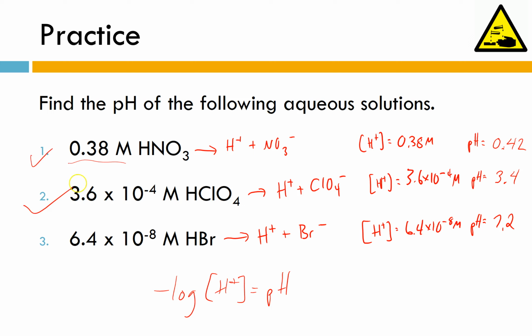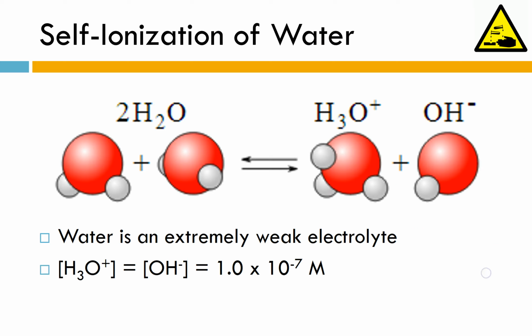So 1 and 2 make a whole lot of sense. We've got acidic solutions when we see pH is lower than 7. However, on this last question with hydrobromic acid, we've added an acid or a substance that's capable of releasing H plus ions into solution, and somehow we've ended up with a basic pH. Ooh.